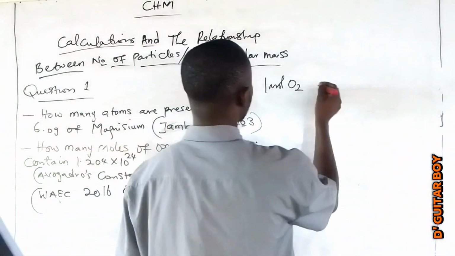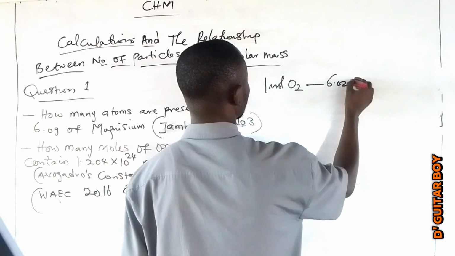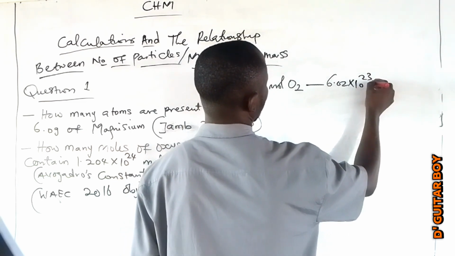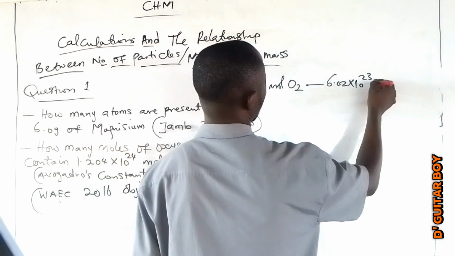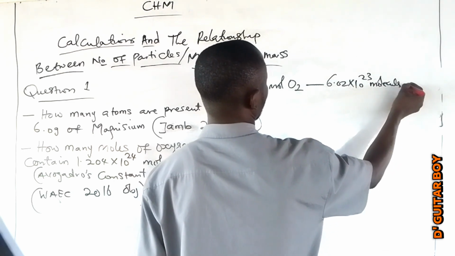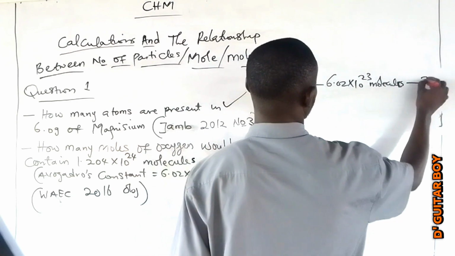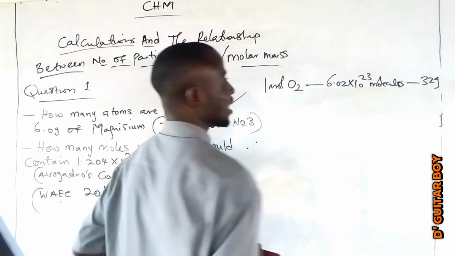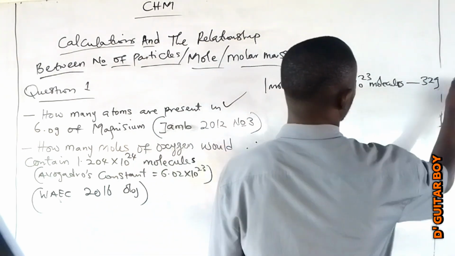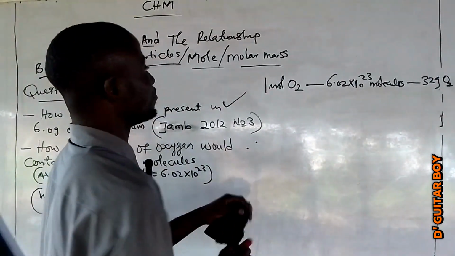So 1 mole of oxygen will give us 6.02 times 10 raised to power 23 molecules and 32 gram. I just explained that one atom is 16, so 32 gram of oxygen molecule. So that is the basic relationship.